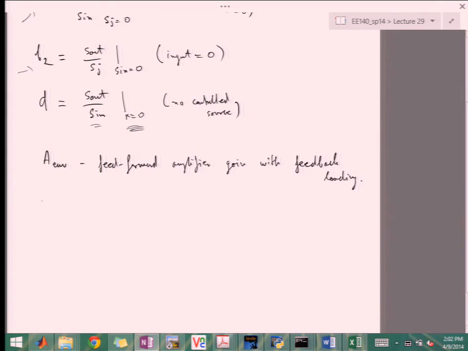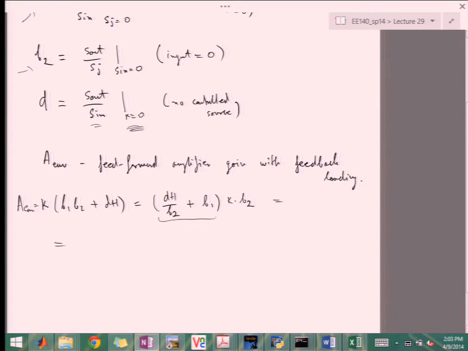So I can rewrite this A equivalent, which is K times B1, B2 plus DH, with the following: DH over B2 plus B1 times K times B2. And the reason why I do it like this is hopefully going to be apparent shortly.